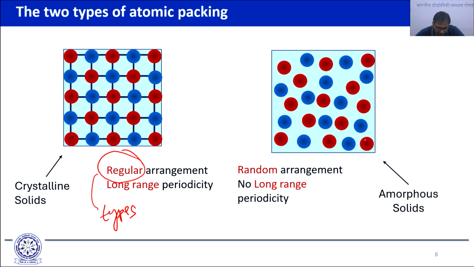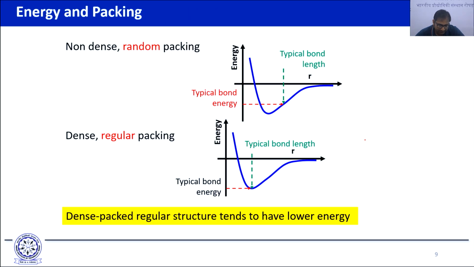So what is the consequence of something like this? If you think about this, there is going to be a well-defined relationship between the energy and packing of atoms. So let's take the non-dense random packing in the first case. So it's a random packing, and I'm saying that this is not going to be very dense. And let's take a look at it.